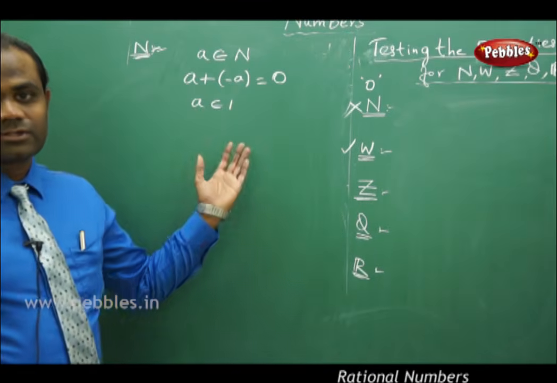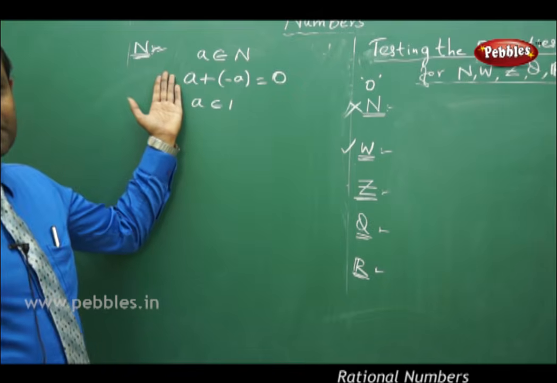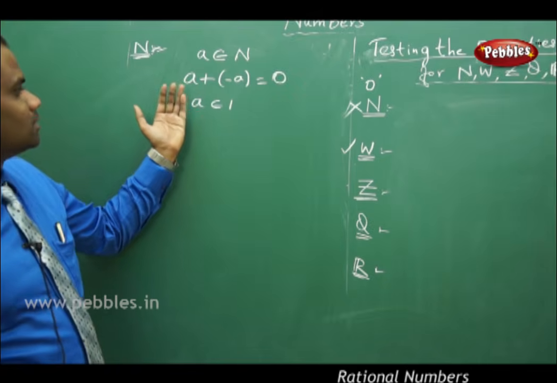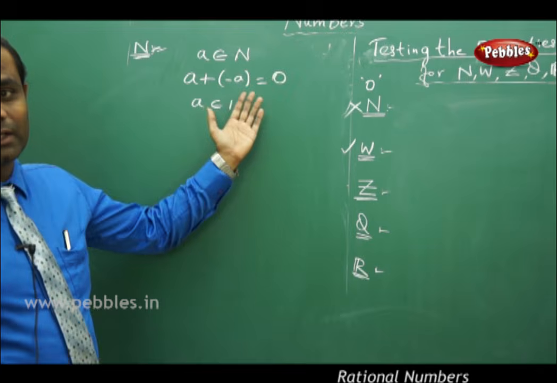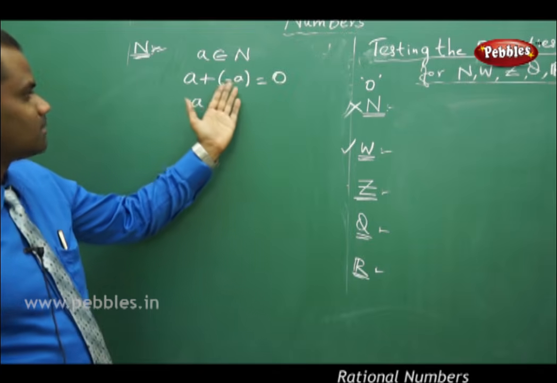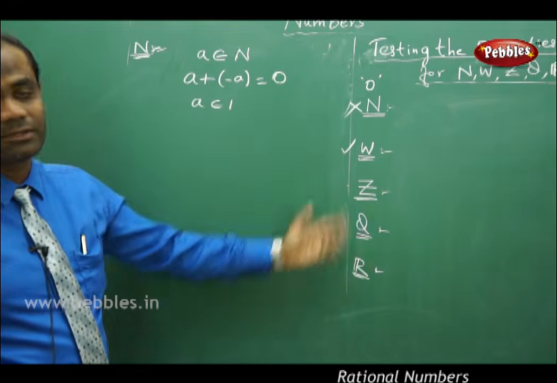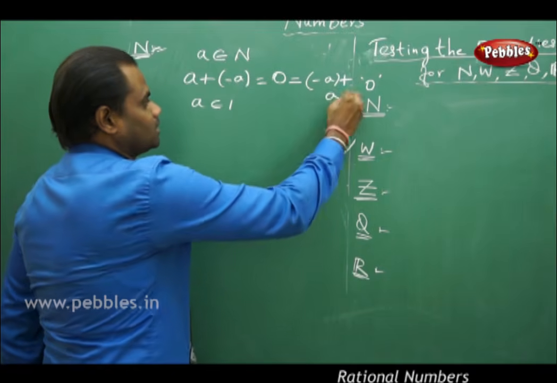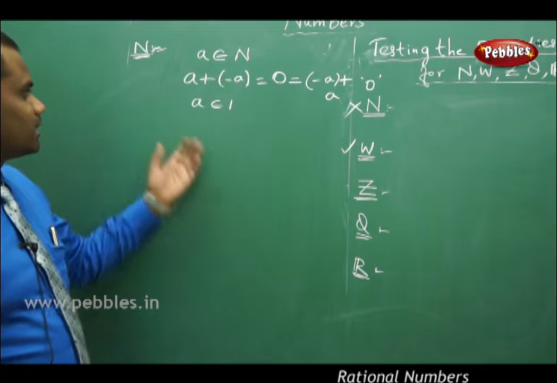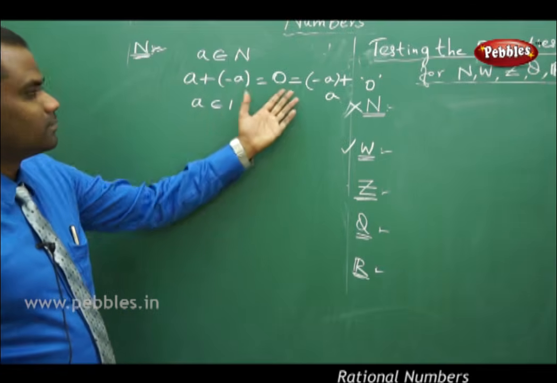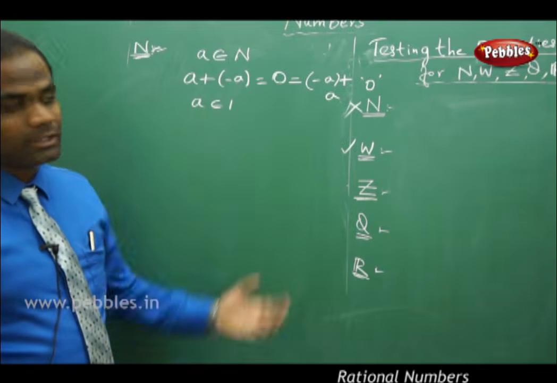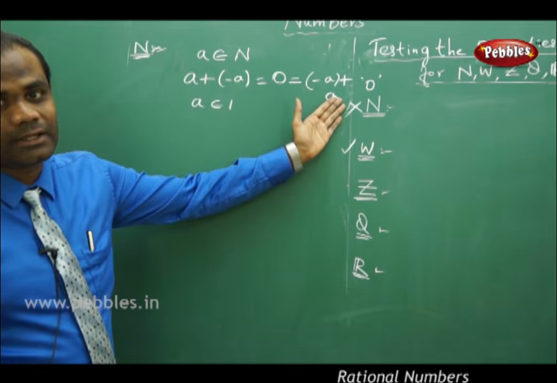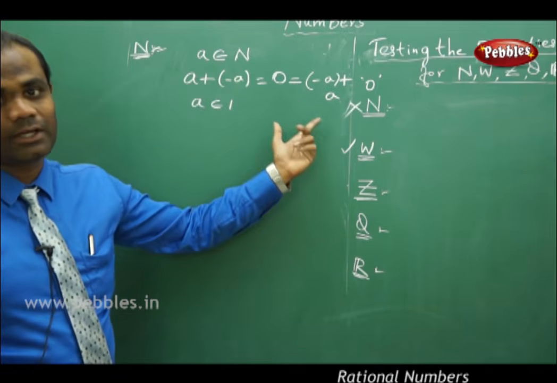Now coming to the existence of inverse, let's start with natural numbers. We know that the inverse property in general is a plus minus a equals 0, where 0 is the additive identity, and minus a plus a should also be 0. So when I take a natural number, we will see whether the inverse property holds. Clearly, I don't find that natural numbers hold the inverse property under addition.